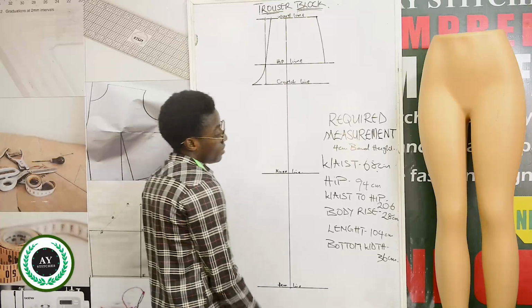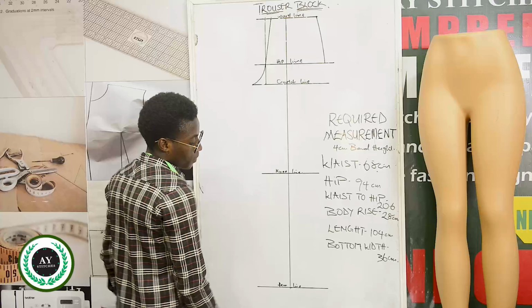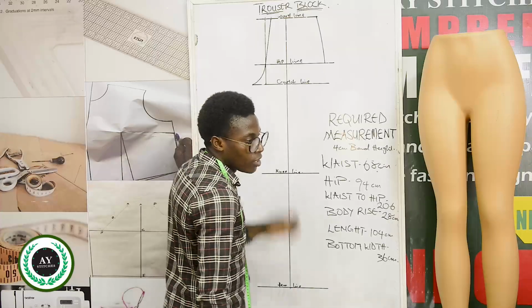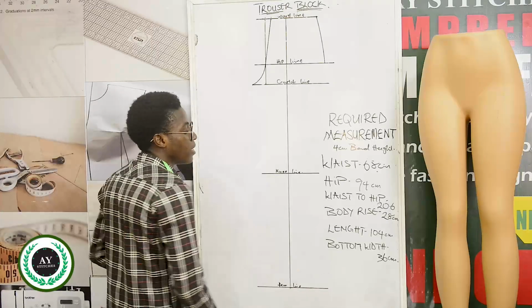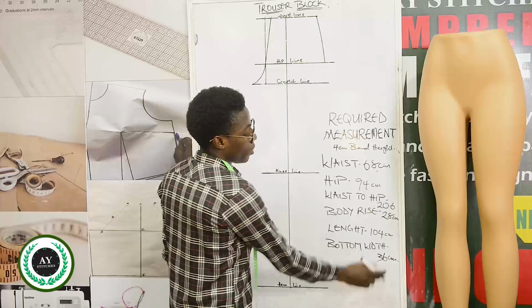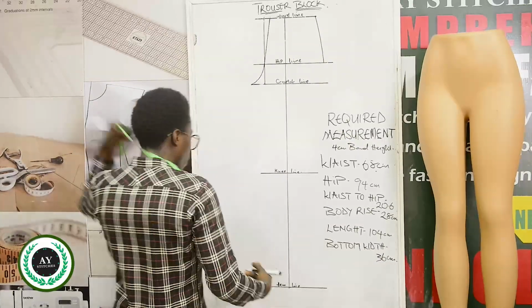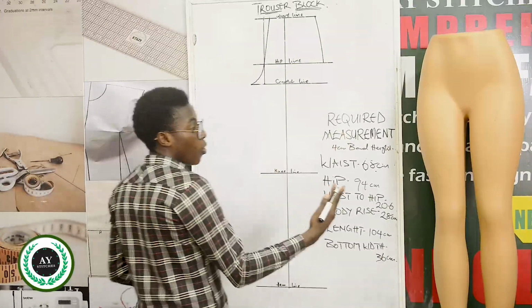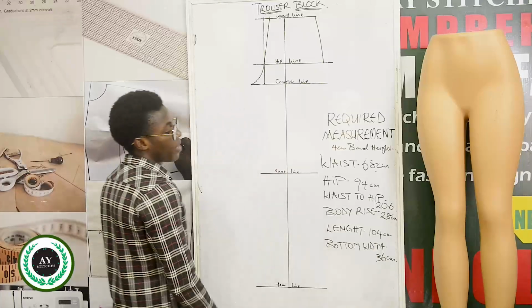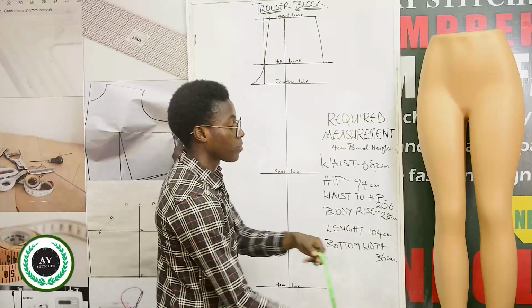Then moving on to the next thing, we need to get what? The M measurement. So how do we get the M measurement? So now you're going to be dividing your bottom width by 4. So bottom width divided by 4, that's 18.9.